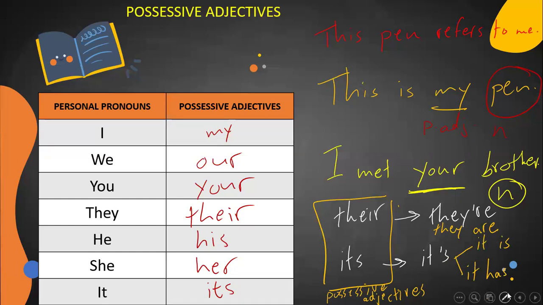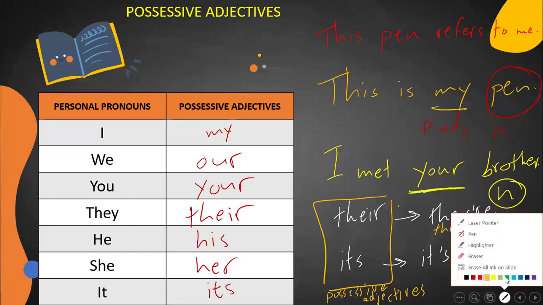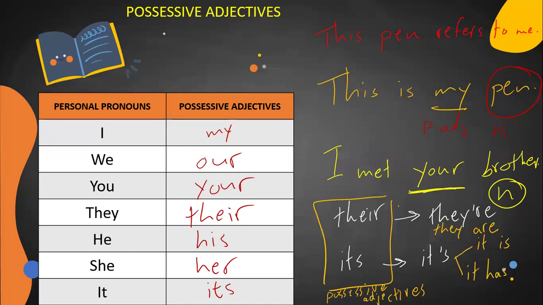Now, let's have an example to clarify these two words. If we are talking about a cat, for example, we can say its teeth are sharp. Look at the word its.